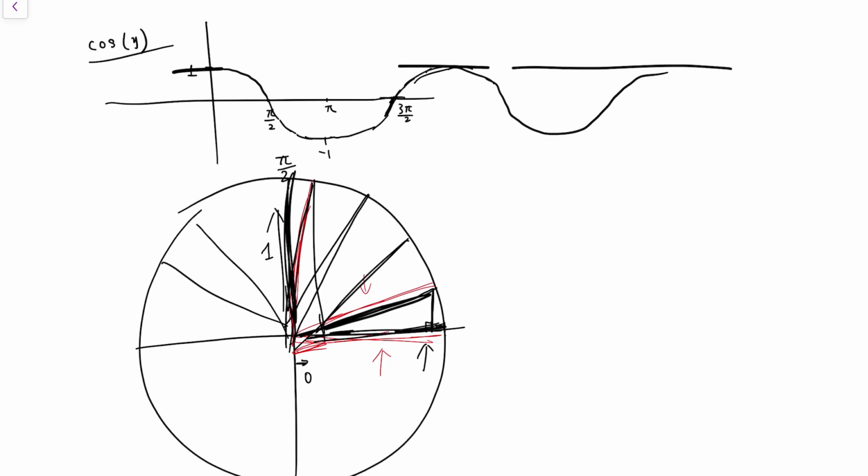When you go this way, the value of this goes negative. Imagine this as an axis of numbers, so this is going negatively, but this is still 1. When you reach here, that's negative 1, and the value of the hypotenuse is still 1. So yeah, that's it.